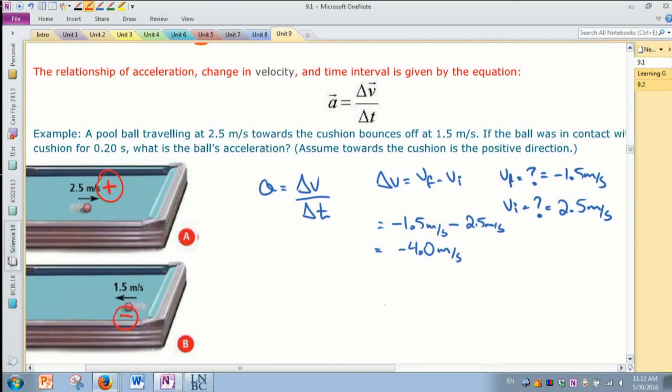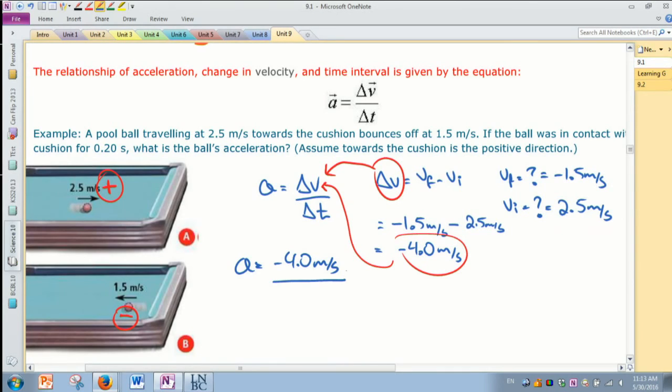So I want to find the acceleration. That's what the question's asking me to find. In order to find the acceleration, I needed to know what the change in velocity was, which I just found out was negative 4. This gets back to the idea of the old car and the new car accelerating.